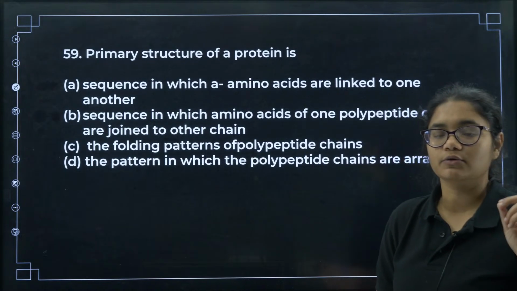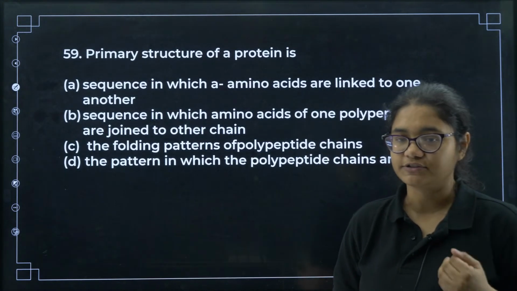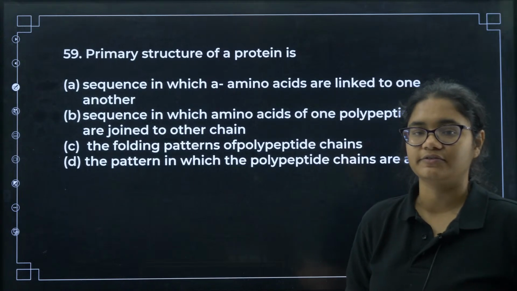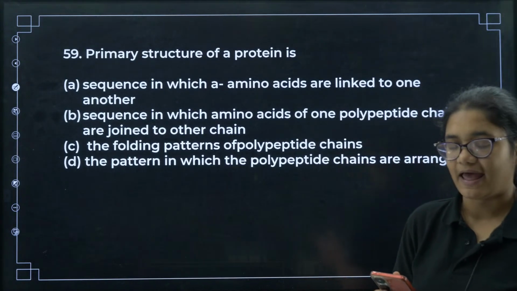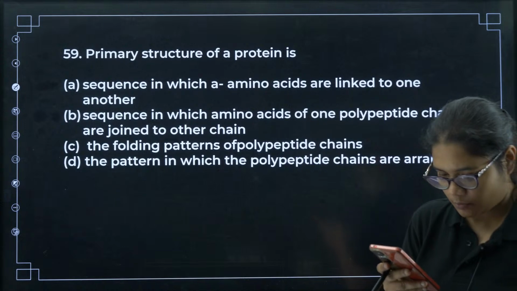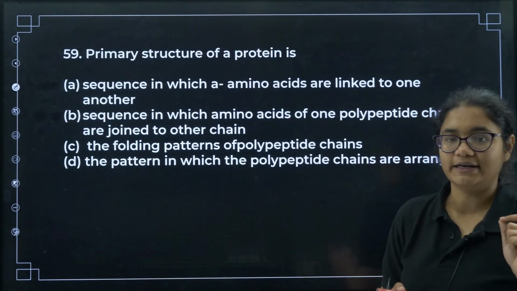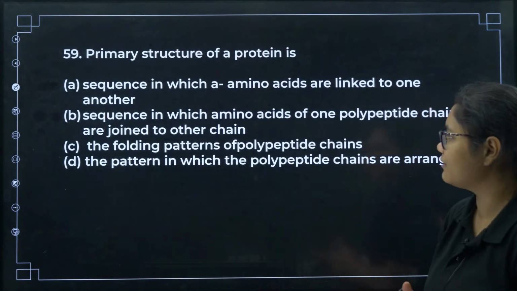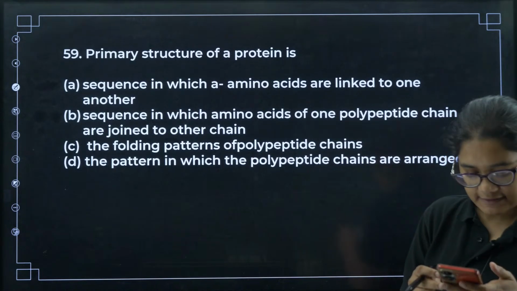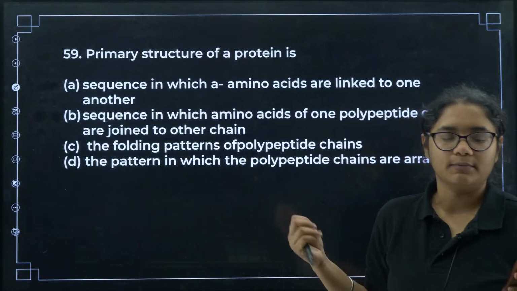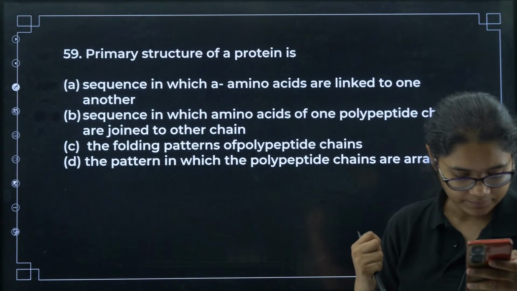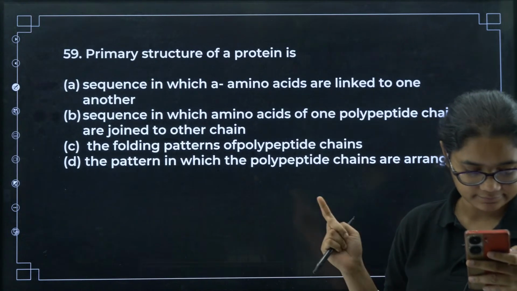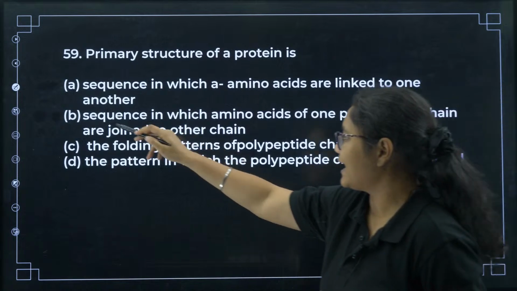Okay, so tell me, you know that in protein there are four structures: primary, secondary, tertiary and quaternary structure. So what will be your primary structure? It tells you about what? This is a very easy question, students. Come on, come on. 59C. No, Kushi. 59 is A.